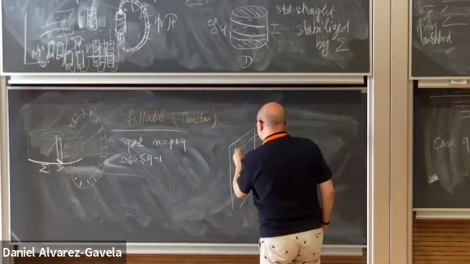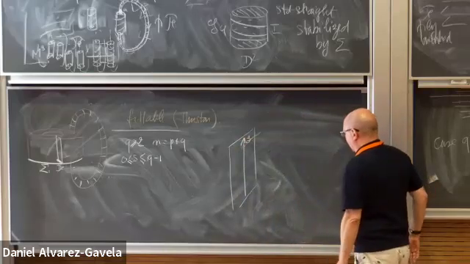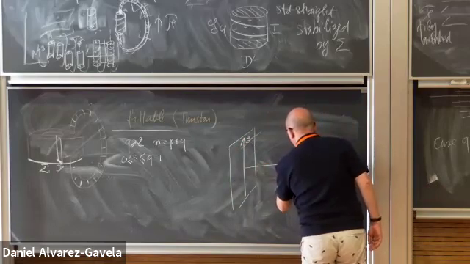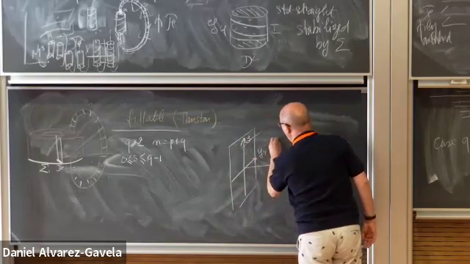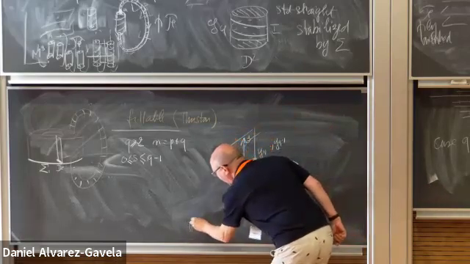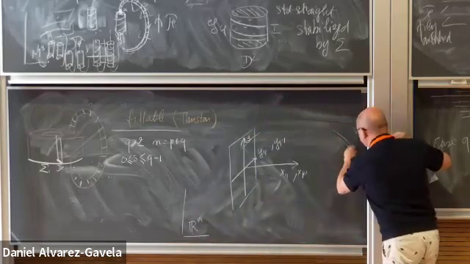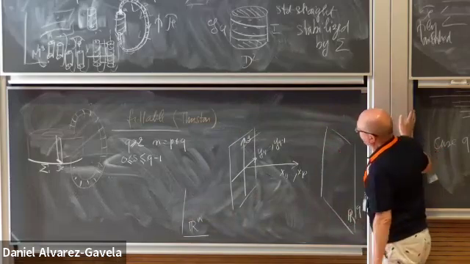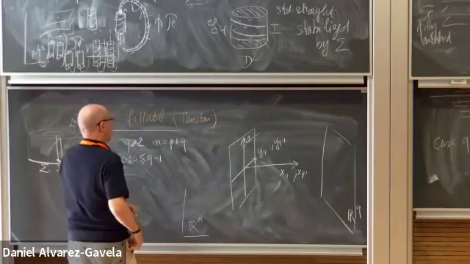So we have coordinates z, x1, ..., xp, and y1, ..., yq minus 1. This is supposed to be R to the n. And I think also of the image in R cubed. And remember the wrinkle map.